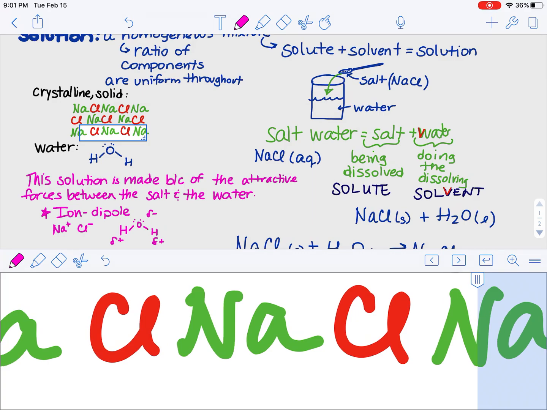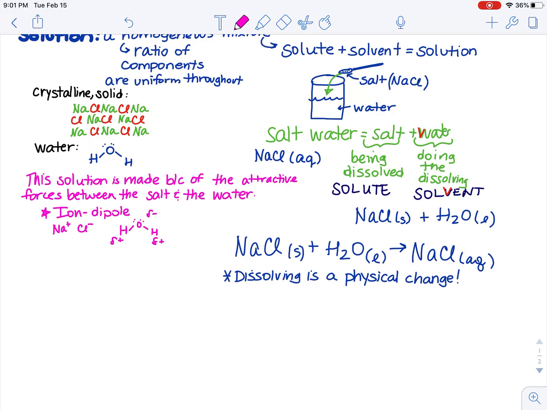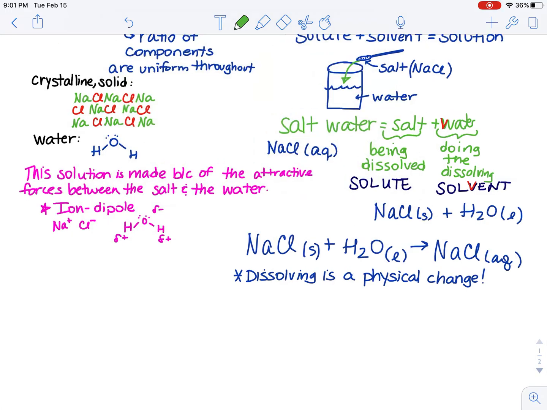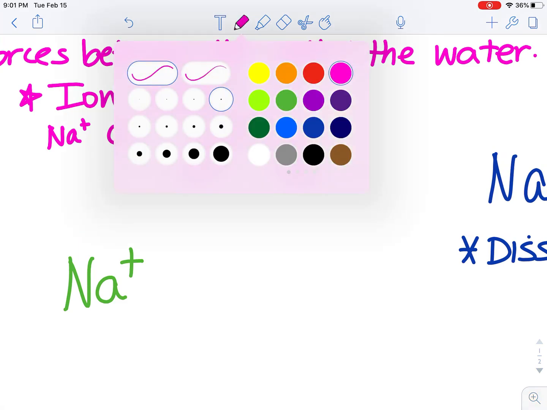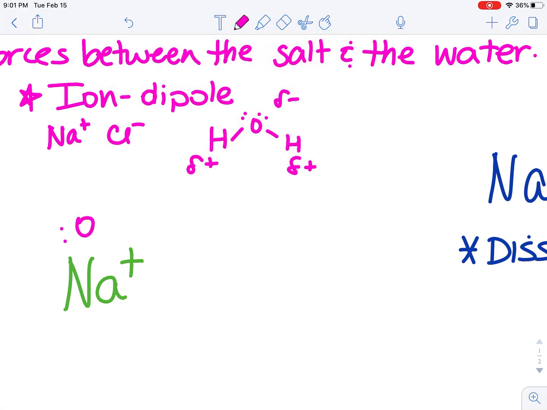And it's then going to detach the sodium ions from the crystalline solid and surround them. Let's draw what that will look like. So again, the sodium ion is a cation, positively charged, and it's going to get attracted to and surrounded by the oxygen end of water molecules.